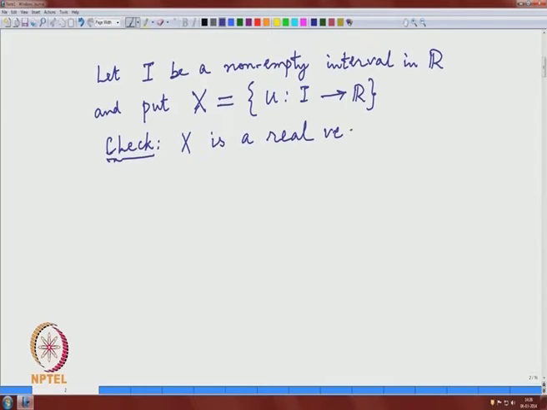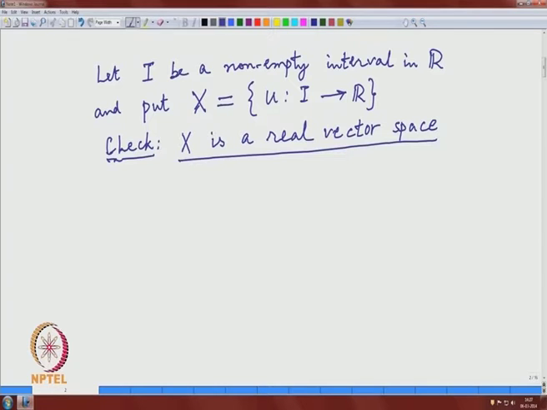If we are given two functions in this set X, u1 and u2, then I can define their addition and multiplication by a real number, and if u belongs to X, minus u also belongs to X, and minus u is the additive inverse of u, and the identically 0 function is the 0 in this vector space. So, this is not difficult to check that X is a real vector space.